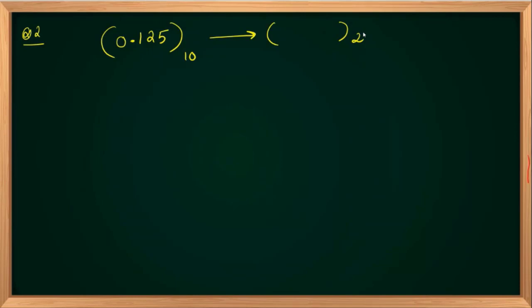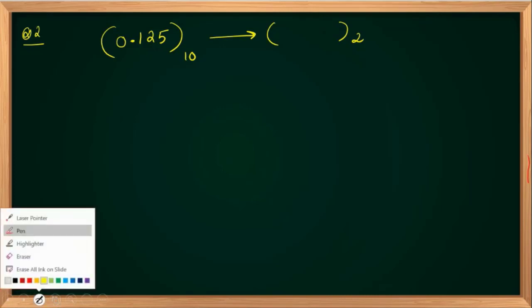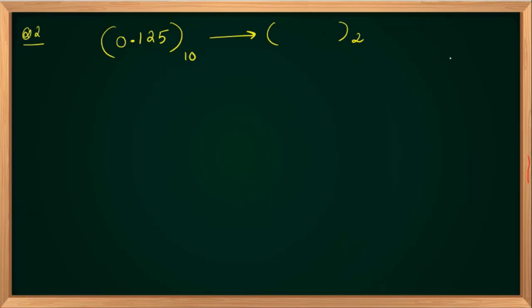To convert a fraction number expressed in decimal into a base that is less than decimal, you should continuously multiply that given number, that is 0.125, with the required base, that is 2 here. So multiply with 2.